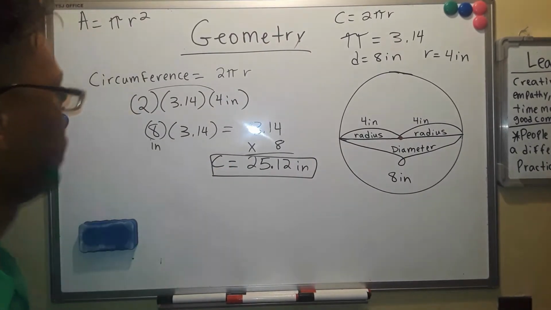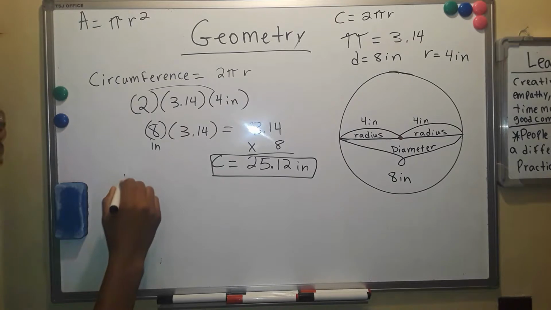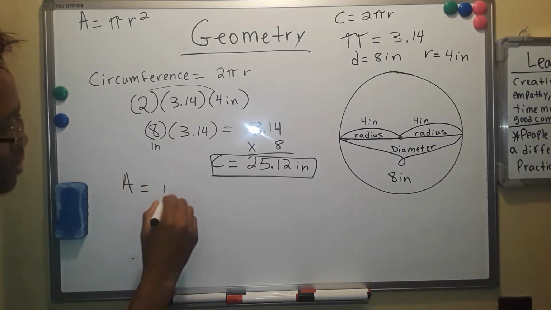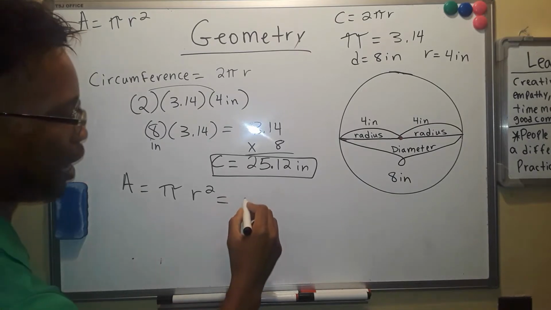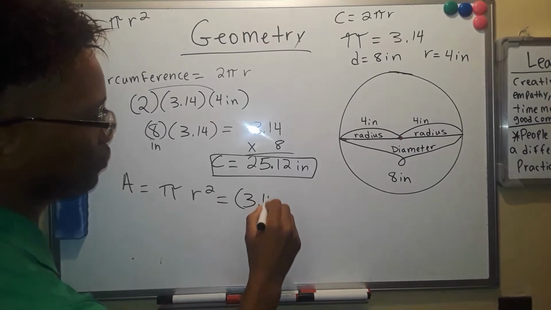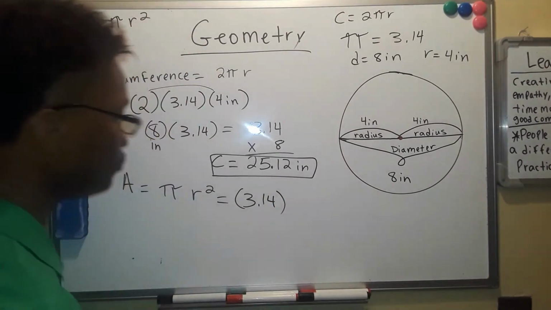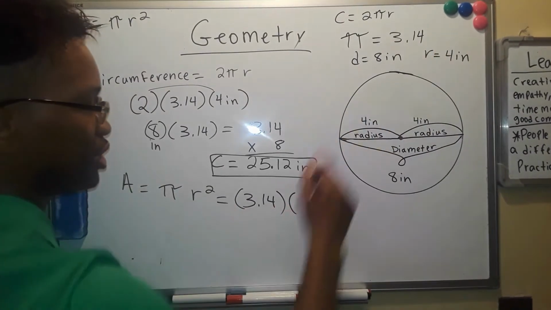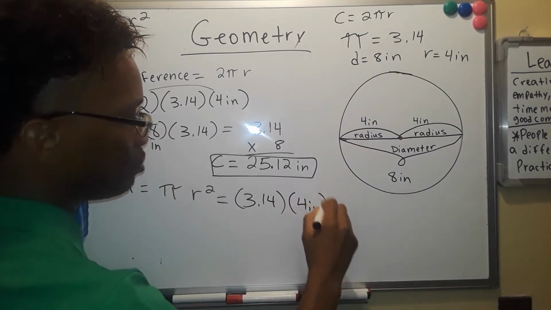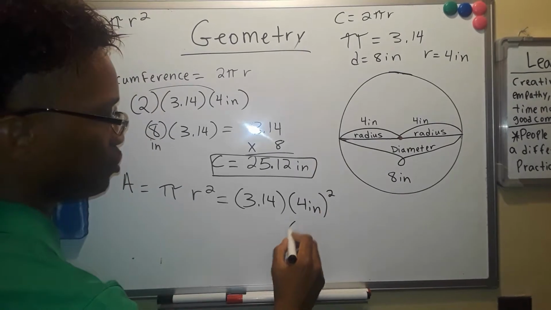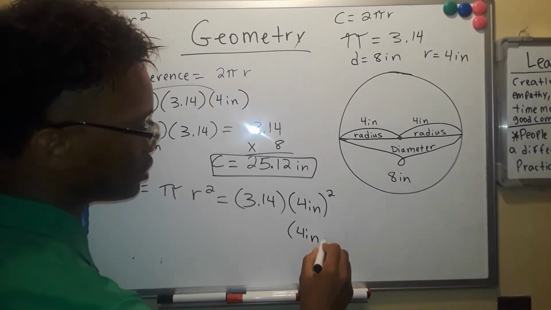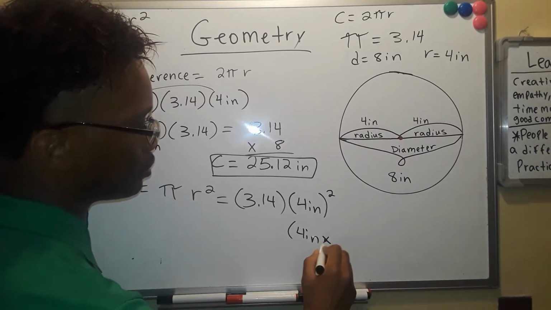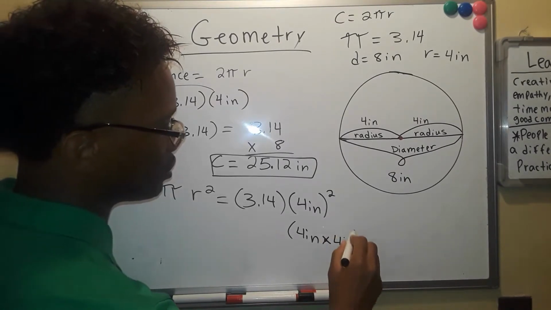Okay? Now, our area. Area is simply pi r squared. So, pi is 3.14. R, we mentioned, is 4 inches, but we have to square it. When you say squaring a number, it's basically 4 inches times 4 inches.